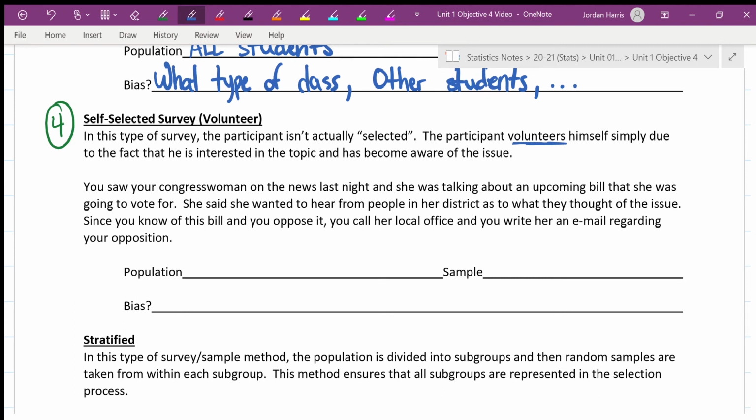You saw your congresswoman on the news last night, and she was talking about an upcoming bill that she was going to vote for. She said she wanted to hear from people in her district as to what they thought of the issue. Since you know of this bill and oppose it, you call her local office and you write her an email regarding your opposition. Okay? This is, I'll just say, usually bad. Not as bad as convenience, but usually.